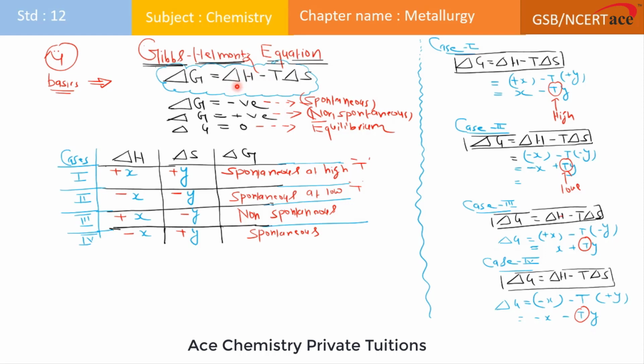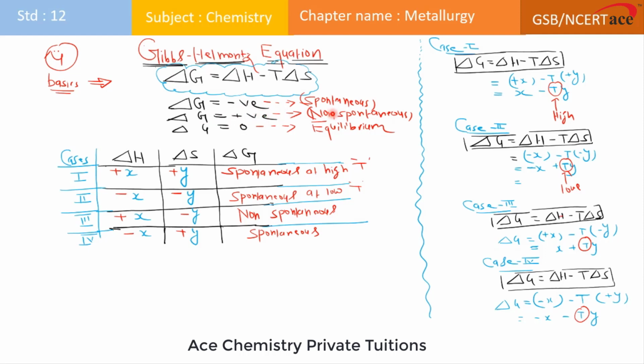So by substituting the values of delta H and delta S into this equation, there can be three different values of delta G which describe the type of the reaction. In case delta G is negative, then that reaction is referred to as what? Spontaneous reaction. I repeat, if the delta G value comes negative, then that reaction is what? Spontaneous. If the value of delta G is what?